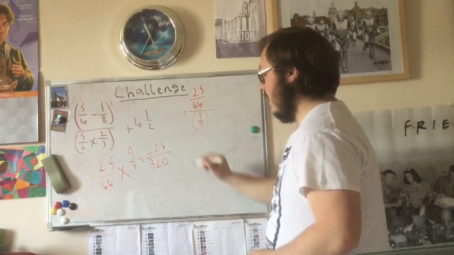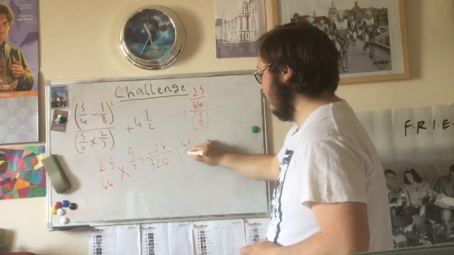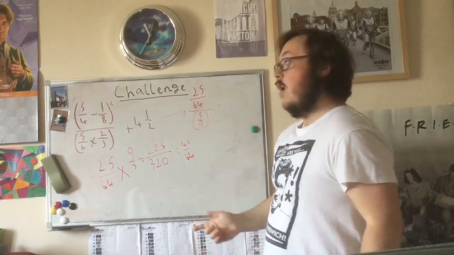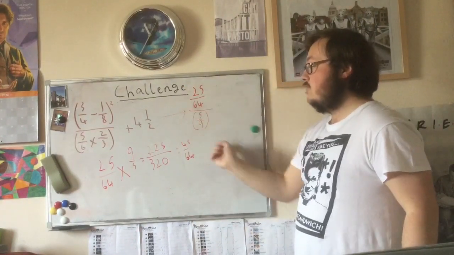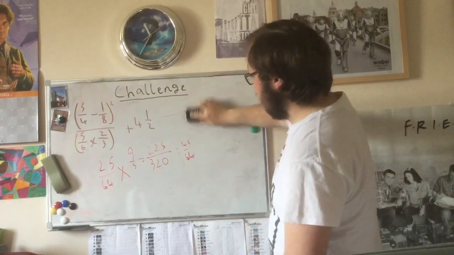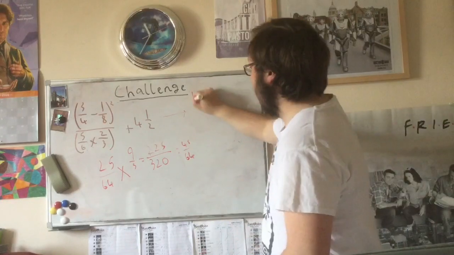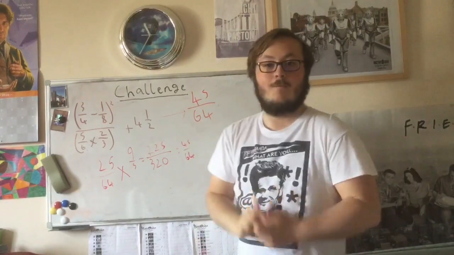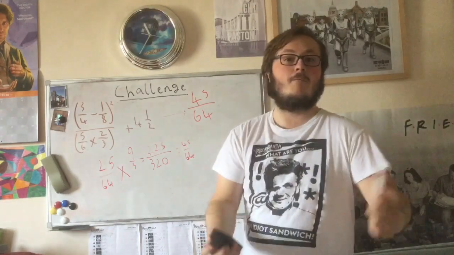So let's write that now. 45/64. Now that we know what this all makes the fraction 45/64, we can rub this bit out and write that up here. 45 over 64. Awesome. We're done.